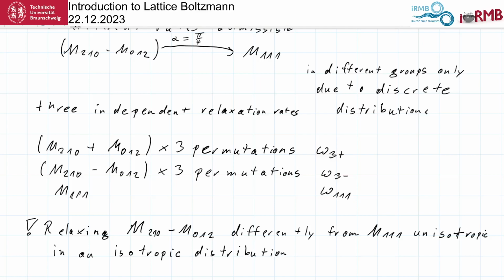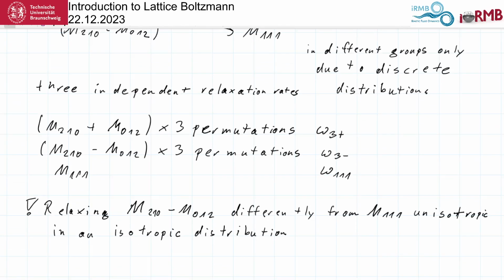So I'm actually on record 18 years ago when I wrote my PhD thesis about these things. I said they have to relax with the same rates because they can be mapped onto each other. In the meantime, I think I understand these things better, and what we sometimes find is if the lattice already is anisotropic, first of all, you don't gain anything by trying to make the distribution more isotropic.